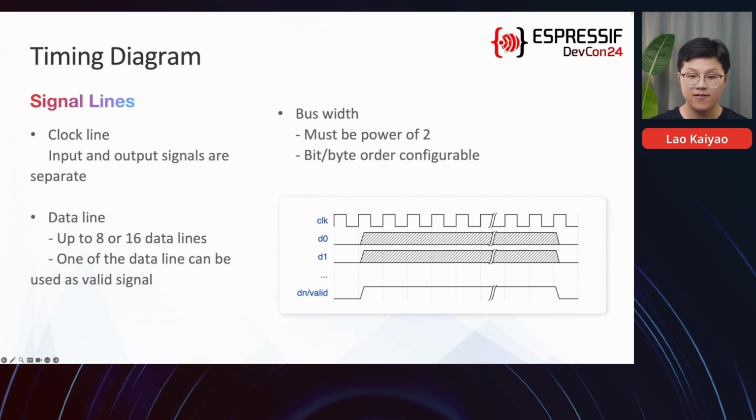So if the valid signal takes one data line, then the bus width needs to be rounded down. For example, when there are 8 data lines in total, and one is used as the valid line, then you can only use up to 4 data lines. And to satisfy all kinds of data endianness, the bit and byte order are configurable.